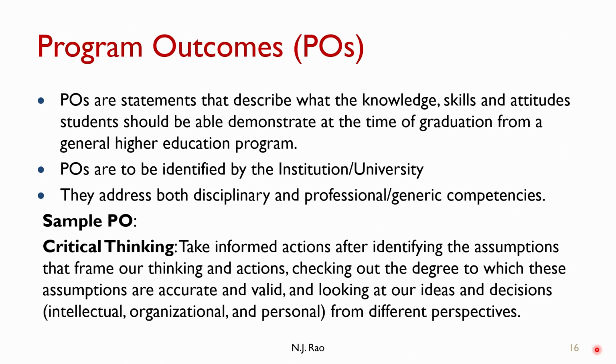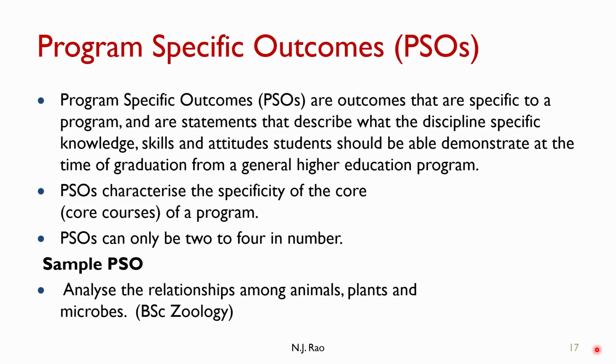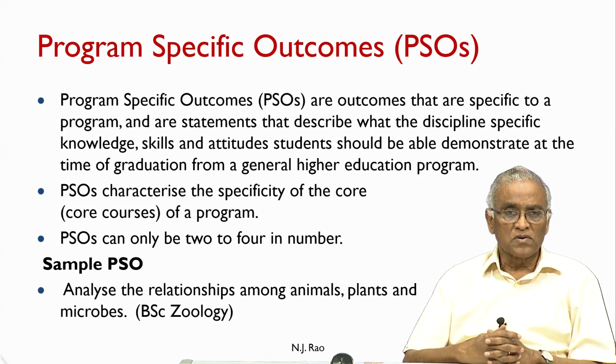They take informed actions after identifying the assumptions that frame our thinking and actions, checking out the degree to which these assumptions are accurate and valid, and looking at our ideas and decisions, intellectual, organizational and personal, from different perspectives. That is a sample of program outcome. It has nothing to do with a particular discipline or a program. Now you come to program specific outcomes.